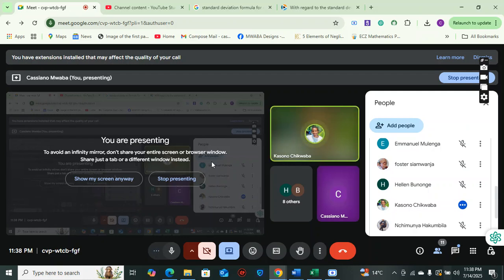Then one person gets 90%, and the other person gets 0%. So you have two outliers. One got 90, the other one got 0%. To say it's accurate, where is this accurate thing coming from first?